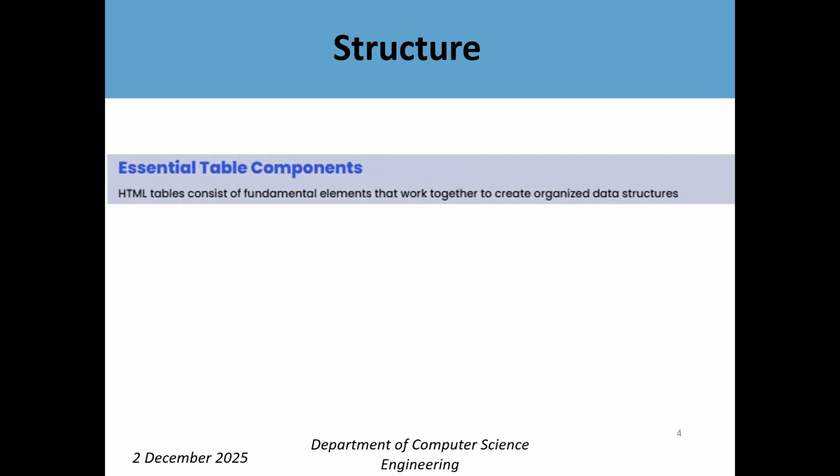This slide shows an example of a simple HTML table. The table tag is used to start the table and the border is set to 1 so that the lines are visible. The first row is created using the tr tag.